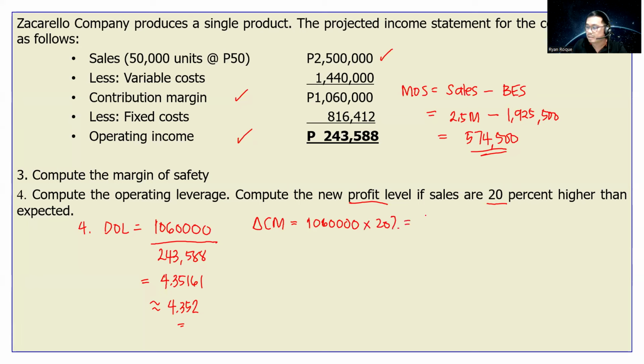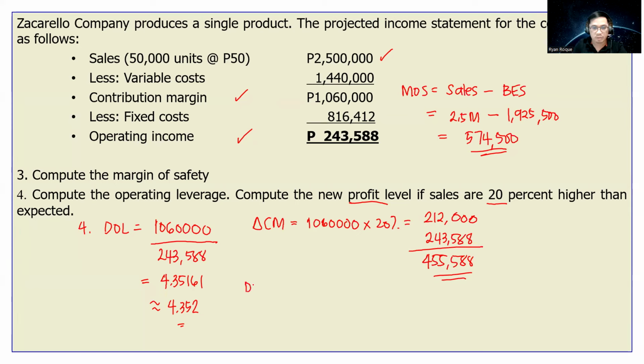You will arrive with 212,000. If you add the expected profit of 243,588, the new profit level would be 455,588.